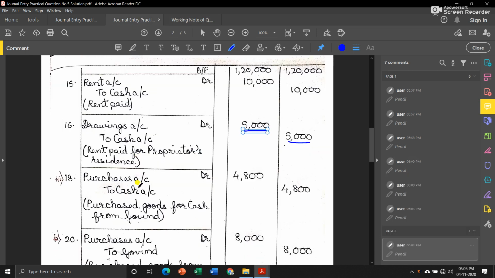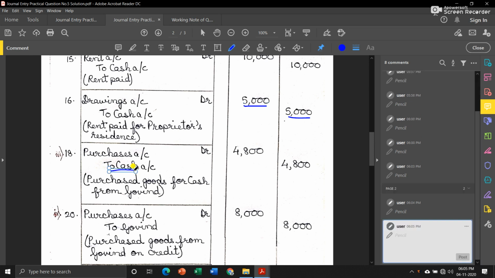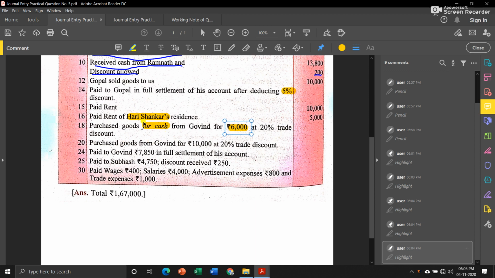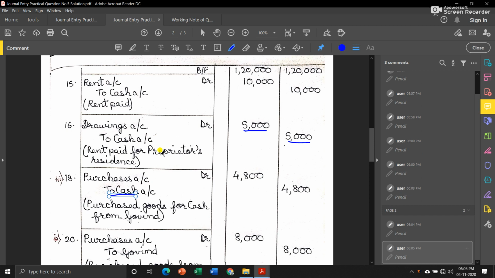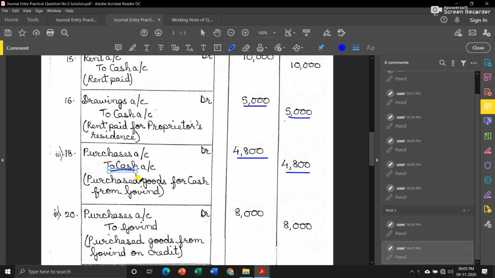Okay, so it will be treated as normal purchases transaction, like purchases account debited to cash because it is a cash transaction, as they have particularly mentioned in the question it is for cash. So we will directly deduct trade discount of 1,200 and we will write 4,800 in both the columns. Remember that this is trade discount and we will not write discount allowed or discount received.